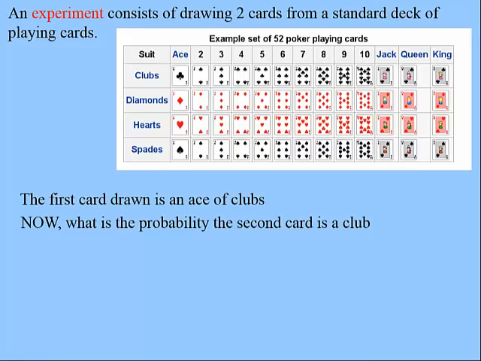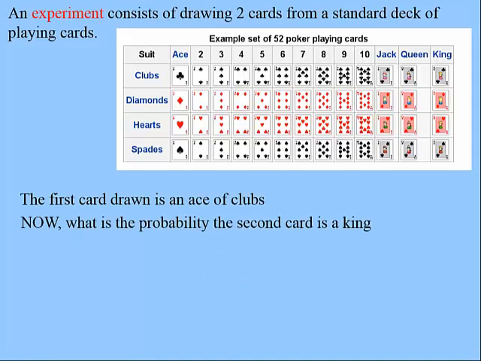But what if we've just drawn out a card and it was the ace of clubs? That means there's no more ace of clubs in the deck. So now there are 51 cards and 12 of them are clubs. So the probability of it being a club, knowing that we just drew out an ace of clubs, is 12 out of 51. It has changed the probability.